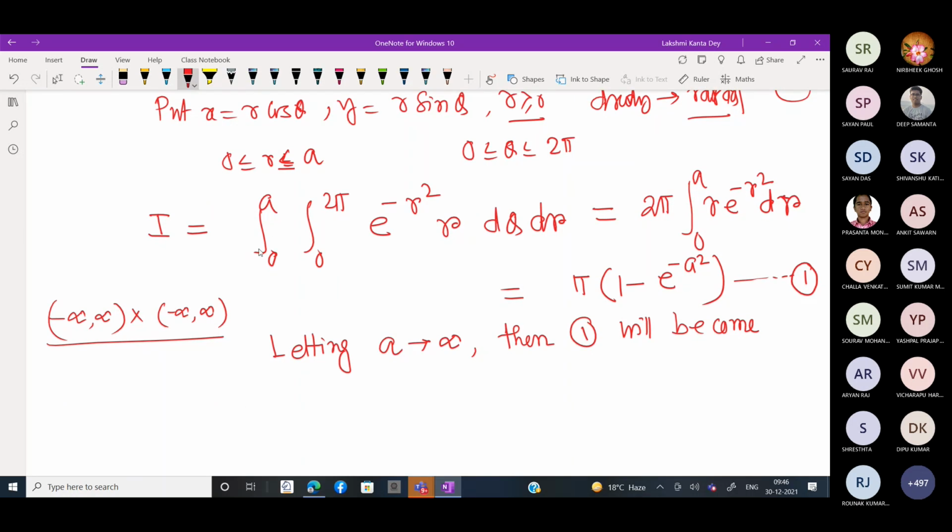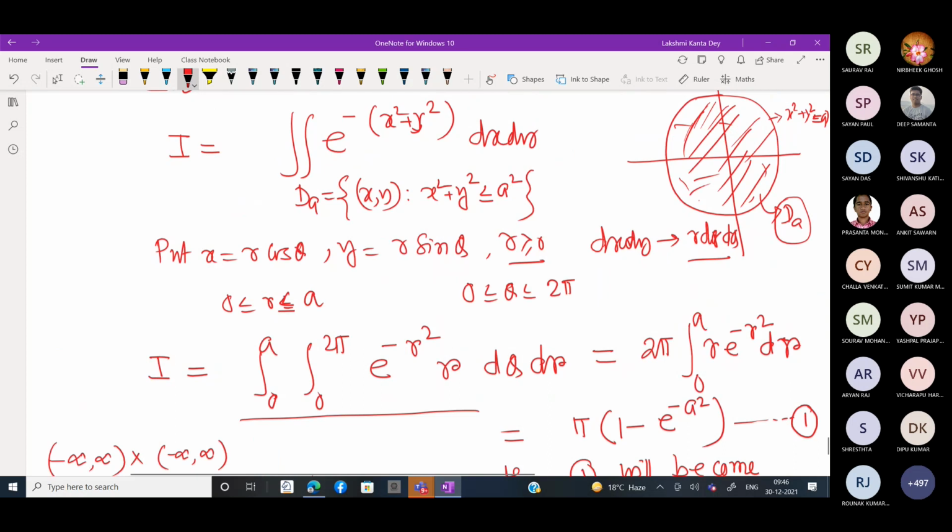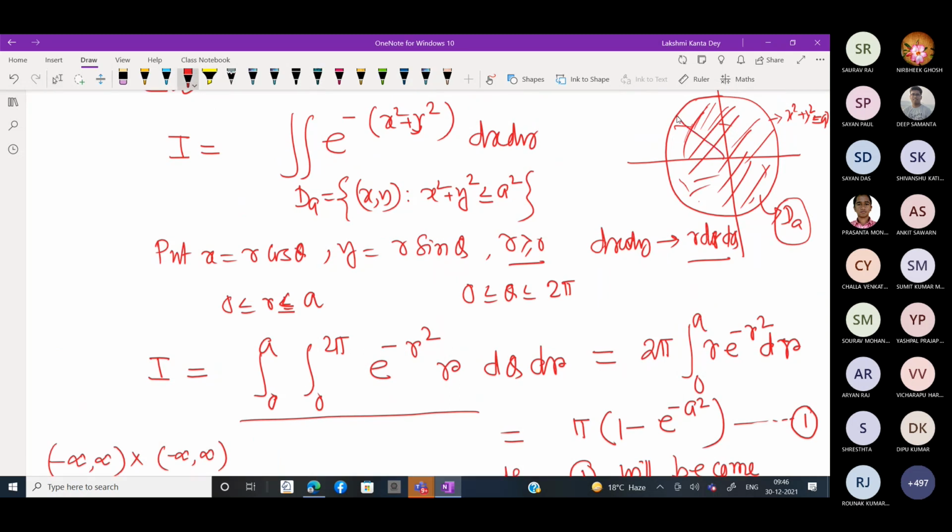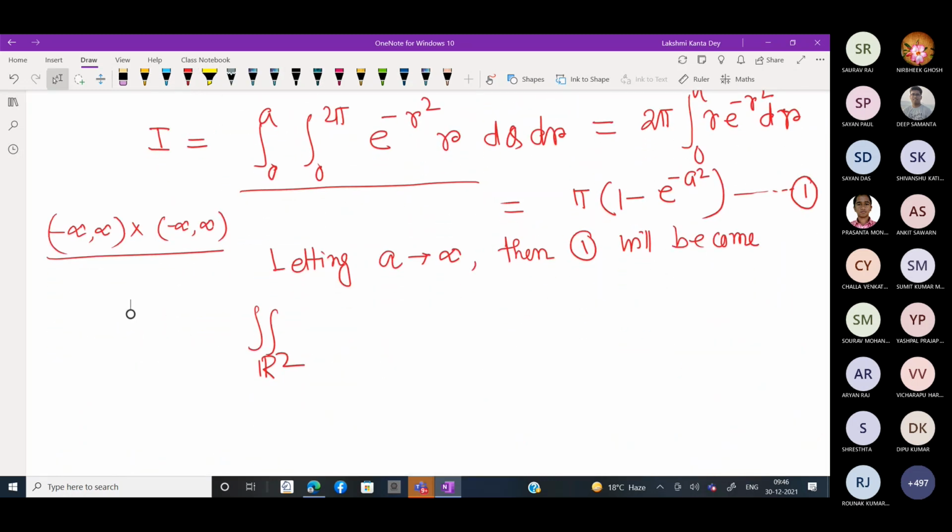The domain of definition becomes R2, the whole plane, because whenever a is very large it will cover the whole R2. That means minus infinity to infinity, minus infinity to infinity. So it is the integral of e to the power minus (x square plus y square) dx dy, which was the original integral whenever a tends to infinity.